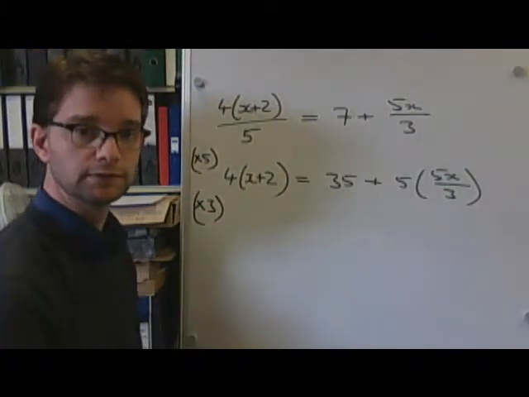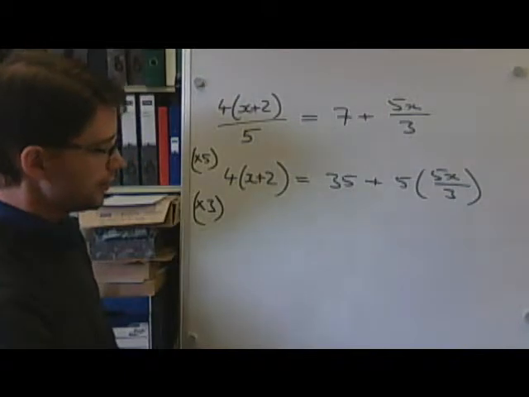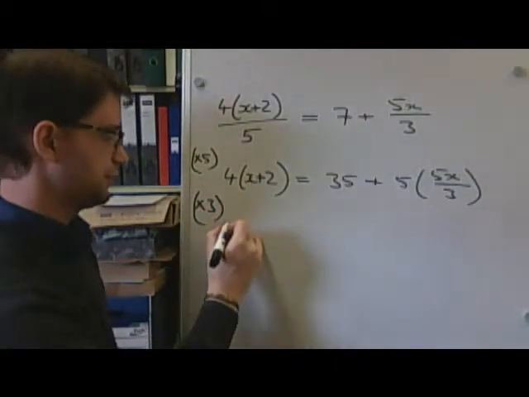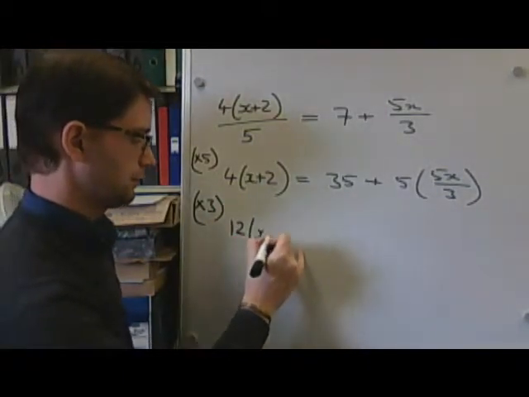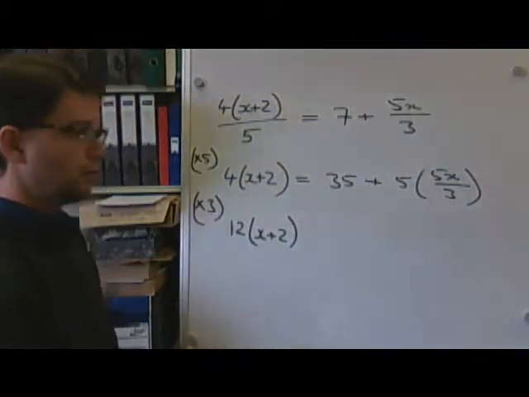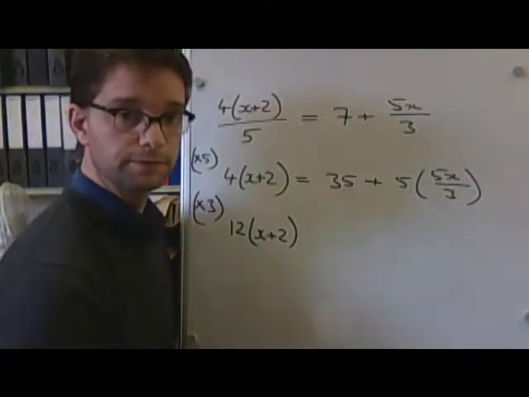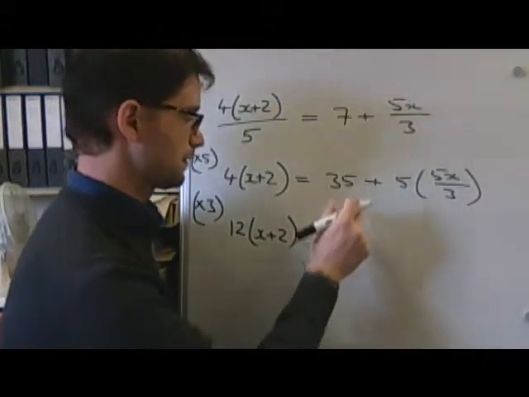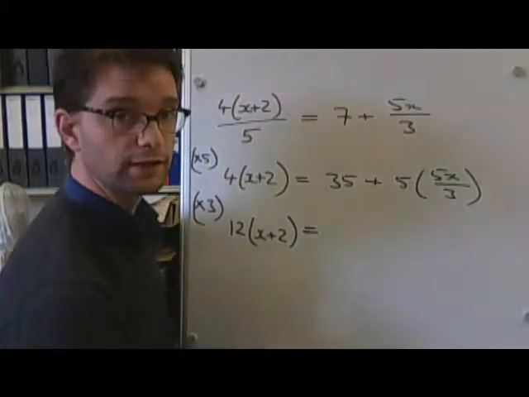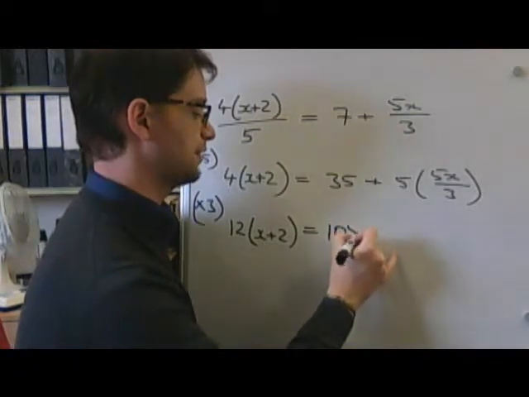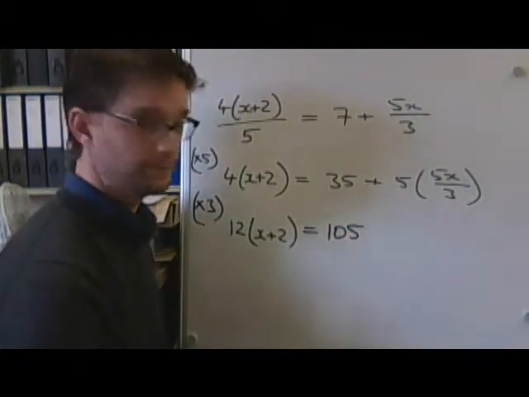Multiply it by 3. So I'm going to multiply everything by 3. So 4 lots of x plus 2, multiplied by 3, I get 4 times 3 is 12 lots of x plus 2. 35 times 3, I think that's 105.